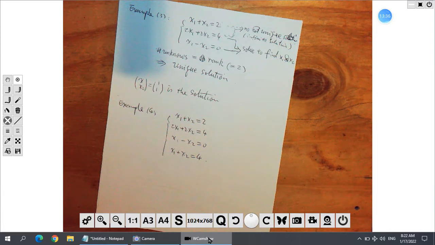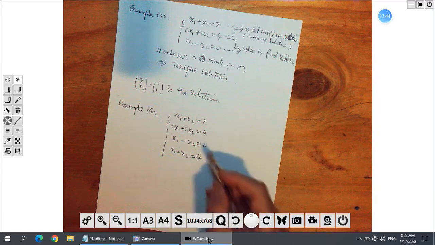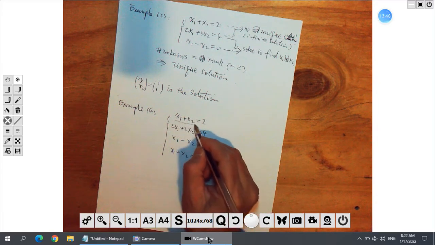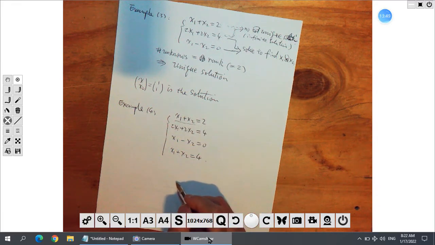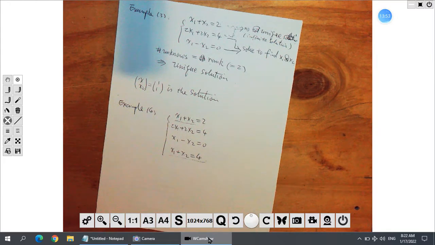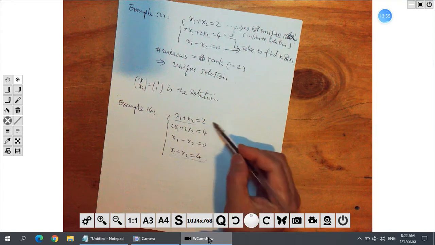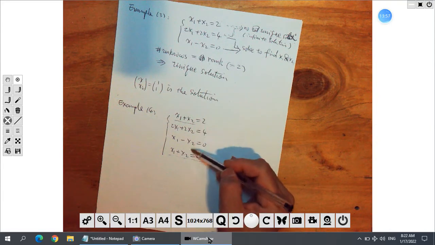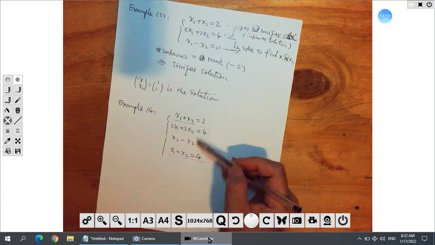What is the solution? You will say no solution, right? No solution, because you see x1 plus x2 equal to 2 is the first equation, and the last equation is x1 plus x2 equal to 4. You have these 2 conditions here, but no numbers will satisfy both together.